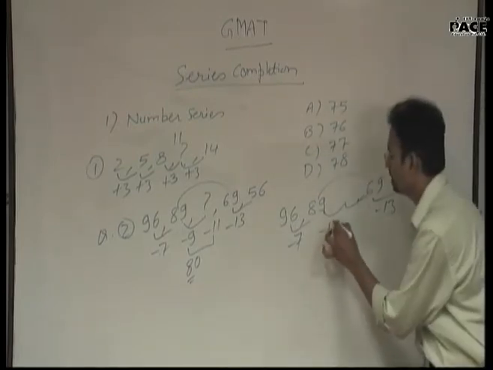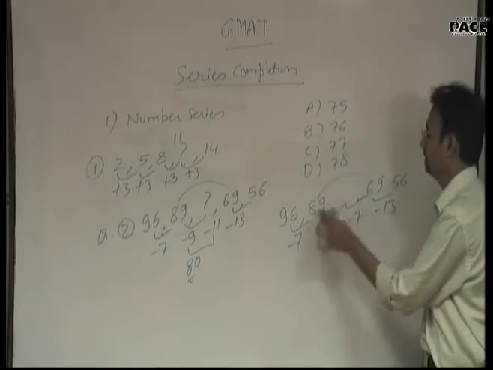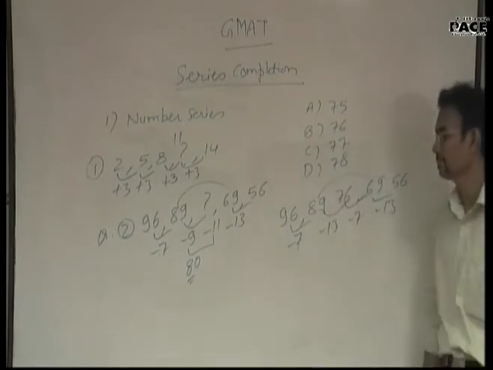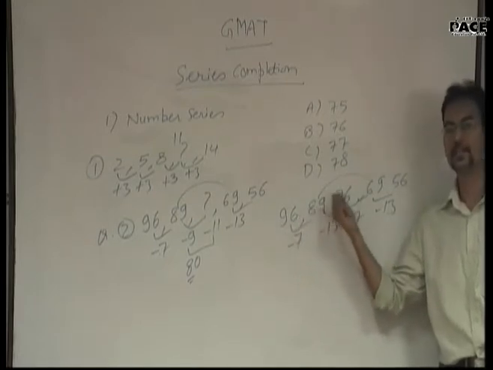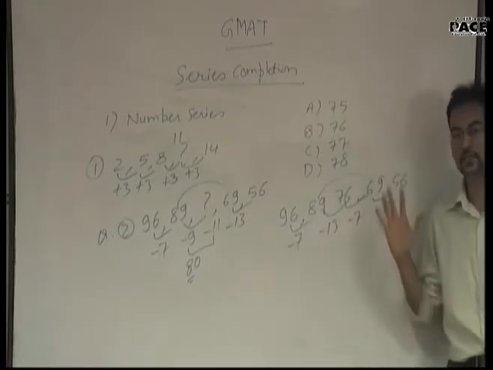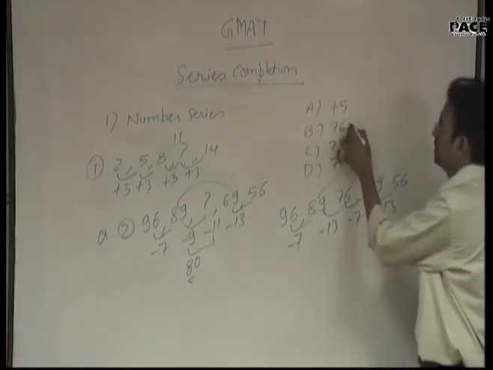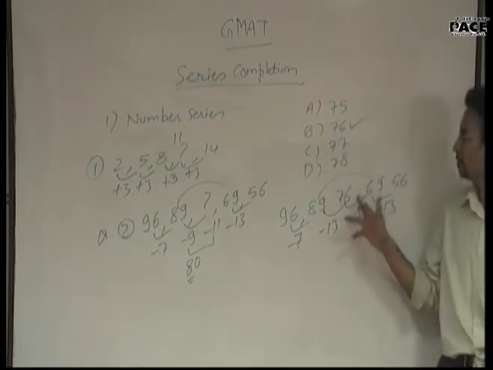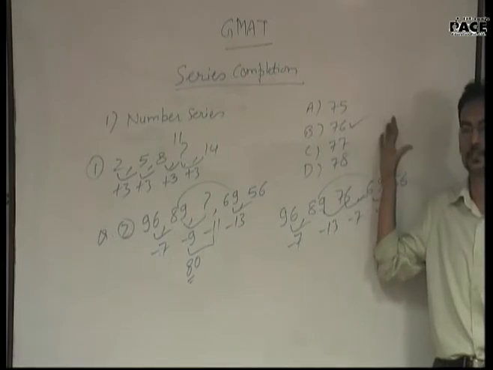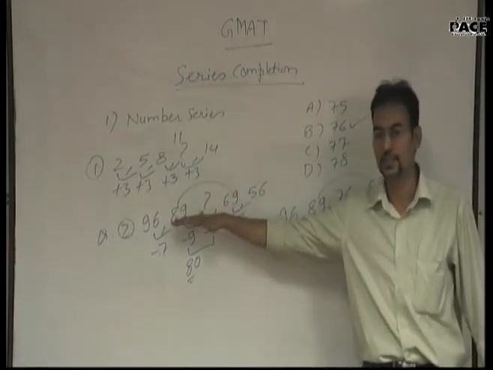So we can place -13 and -7 alternately. So it is 76 here. So another series which is possible is 96, 89, 76, 69 and 56. And one more answer we can place in place of the question mark is 76. So 3 answers are possible for the same series.